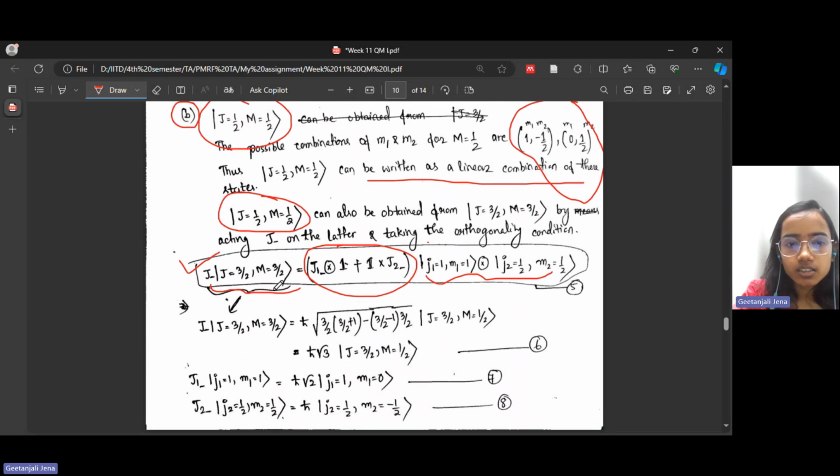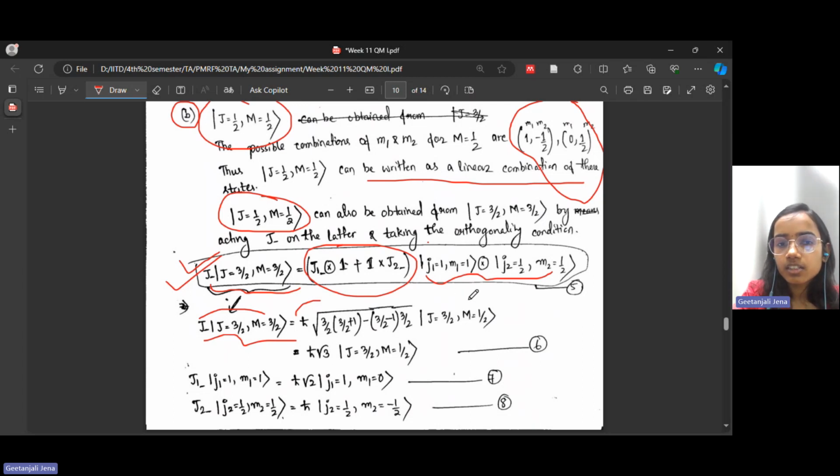Now if you look at the left hand side of this fifth equation, here J equal to 3 by 2 and M equal to 3 by 2, right? When J minus acts on it, you know that the M gets lowered by 1.